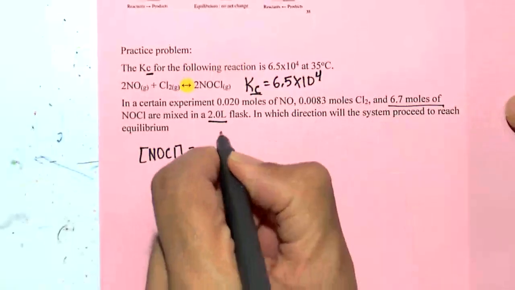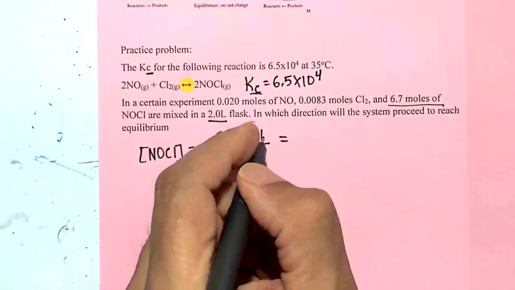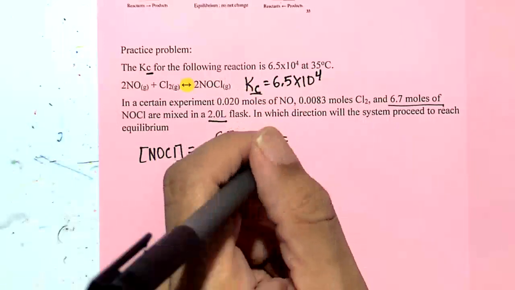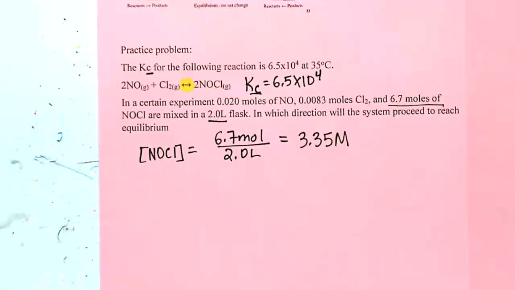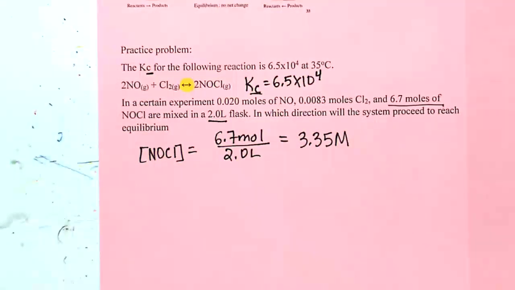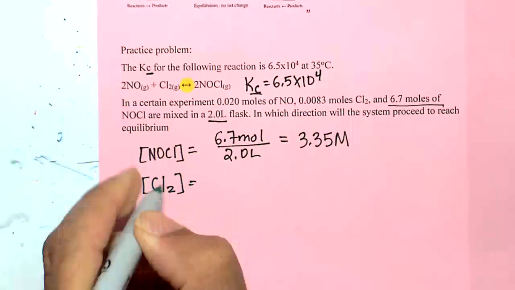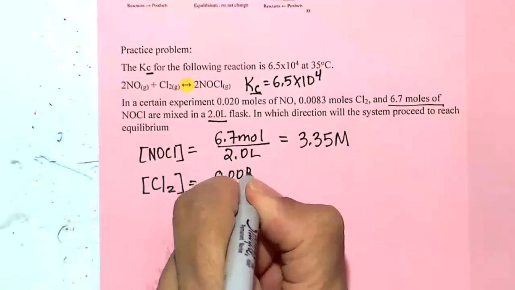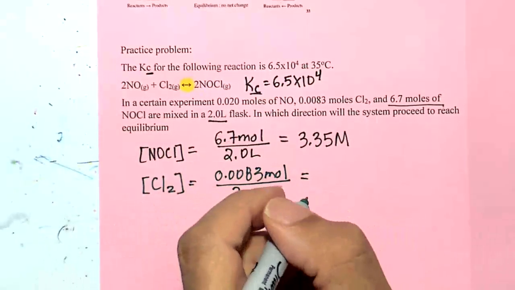NaCl is 6.7 moles divided by 2 liters. What is 6.7 divided by 2? 3.35 M. Cl2: 0.0083 moles divided by 2 liters.